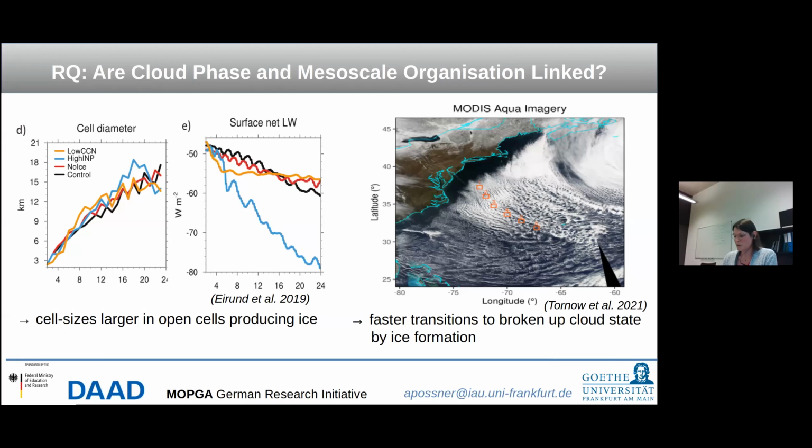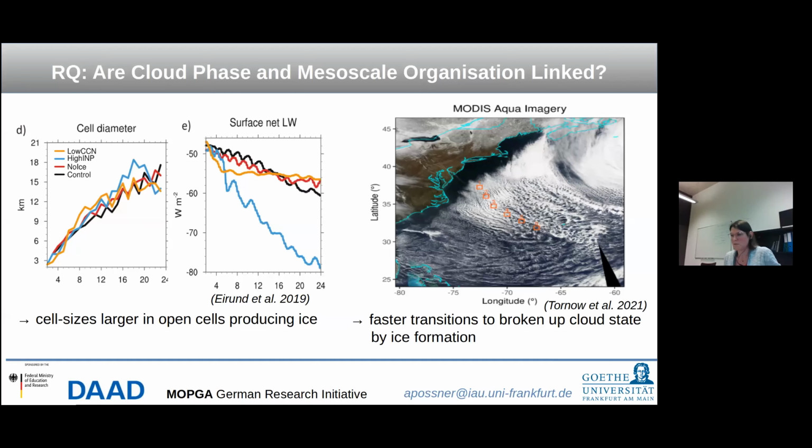And it could also be plausible or conceivable that the organizational state of these stratocumulus regimes is also impacted by this change in phase or by other changes of external drivers. And that's what we explored here. And here I show you results from two studies that have motivated this idea.